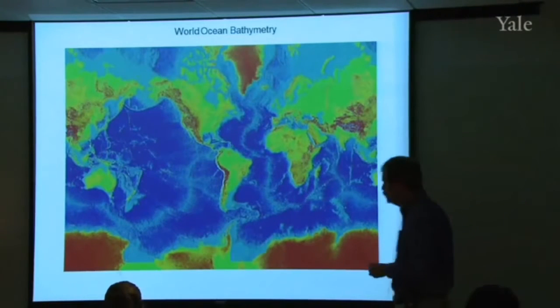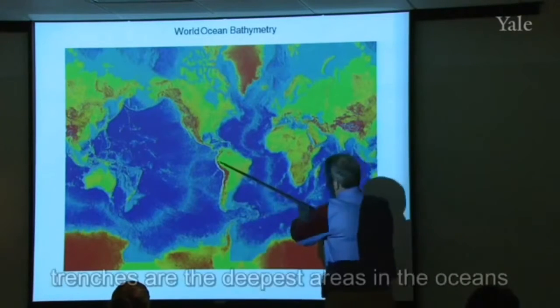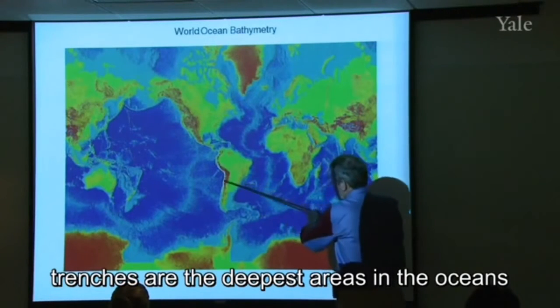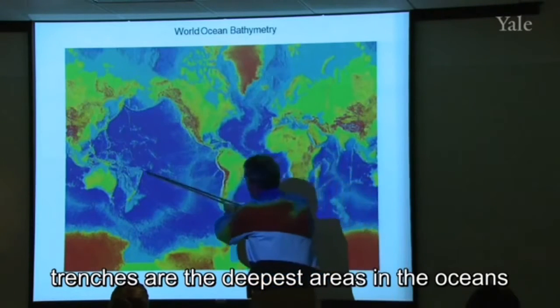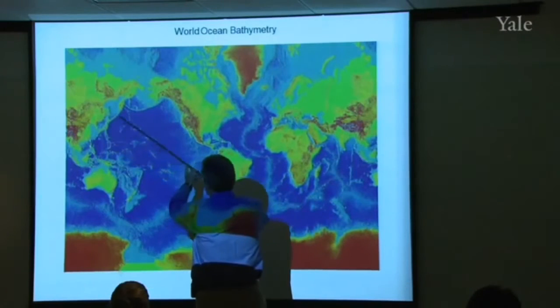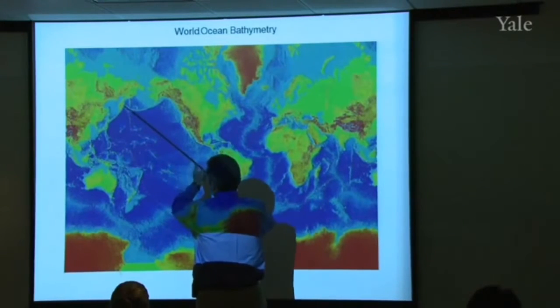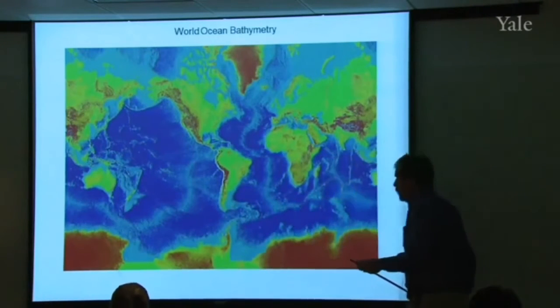And then the trenches don't show up well on this diagram, but they are the darker blues still. You see a little thin line along there that's a trench. You see one here, an important one here and up along here, and even along the tip of the Aleutian Islands. So those are the subduction zones.